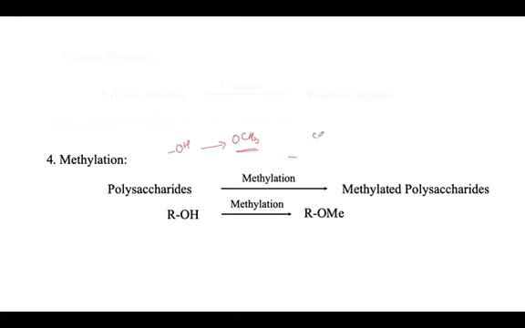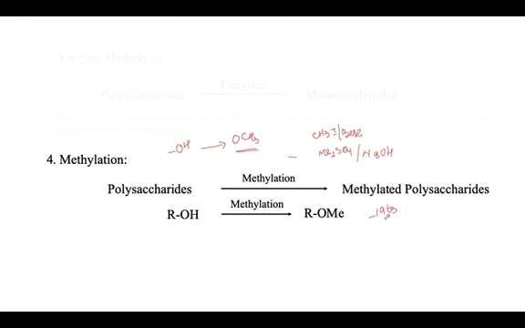A number of methylating agents have been used, for example methyl iodide in a base, or dimethyl sulfate and sodium hydroxide. One method that was more fruitful and found very interesting was that of Hakomori, developed in 1963.